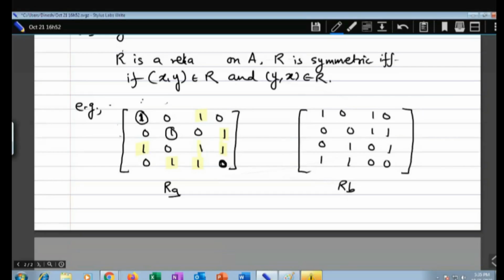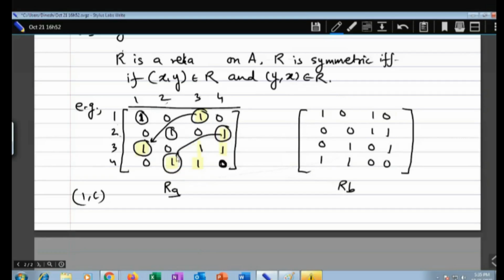If you write the labels 1, 2, 3, 4 along the rows and columns, then (1,3) and (3,1) are there, (2,4) and (4,2) are there, and (3,4) and (4,3) are there.